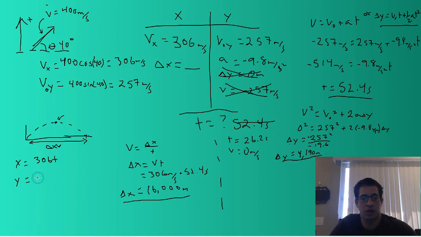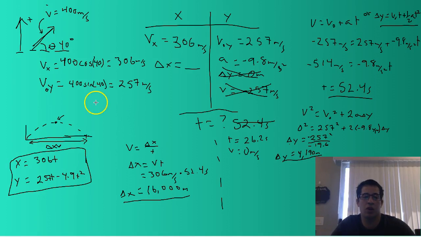You should get something like 257 t minus 4.9 t squared as your function for y. And if you were ever asked what the coordinates are at a given time, you could take the time and plug into those functions and get the coordinates. So the coordinates at time 0, we plug in 0, we get 0 for x. We plug in 0, we get 0 for y.